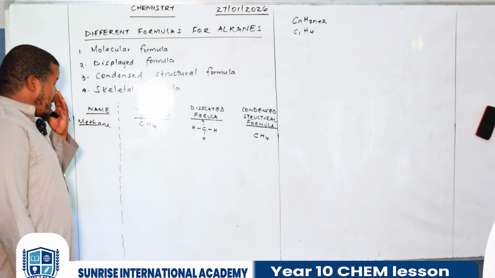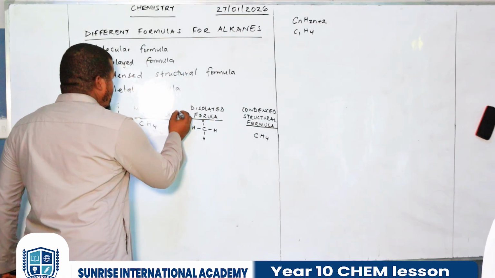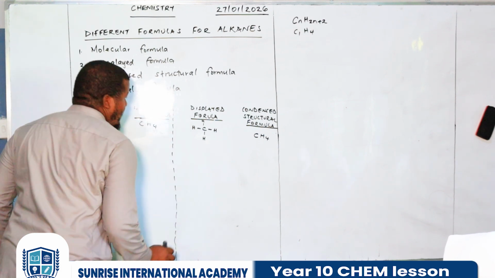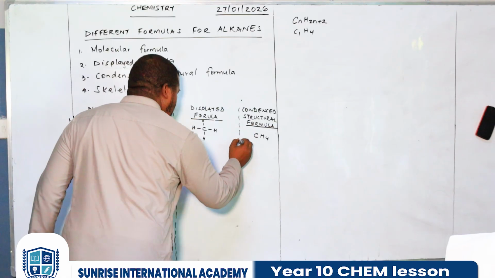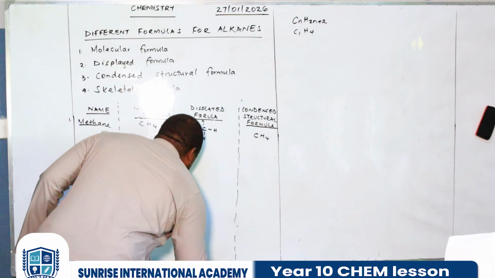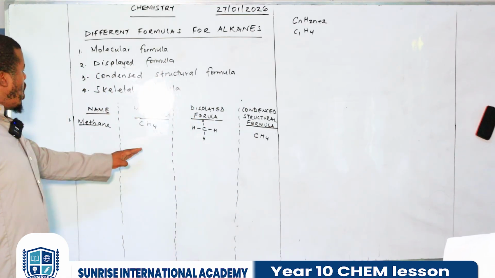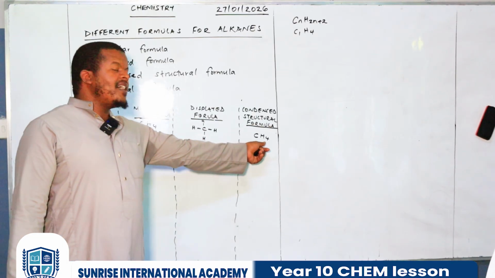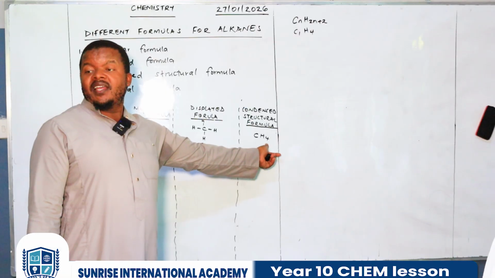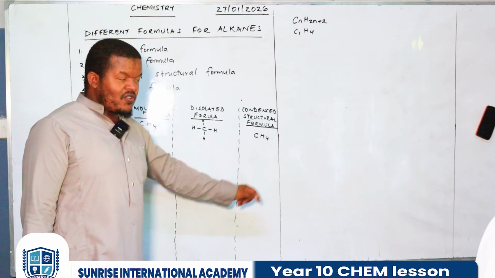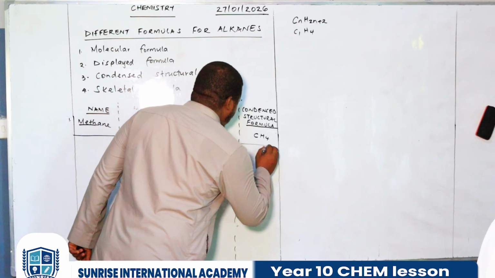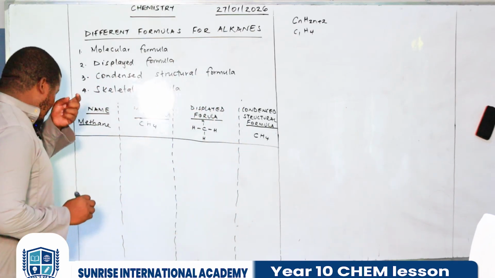So this is to say, for methane, the molecular formula is the same as the condensed structural formula. We are done with the first member of the alkanes.